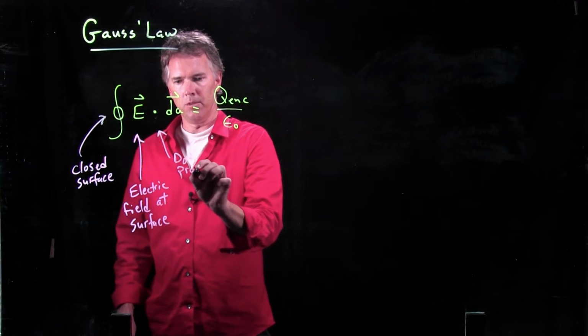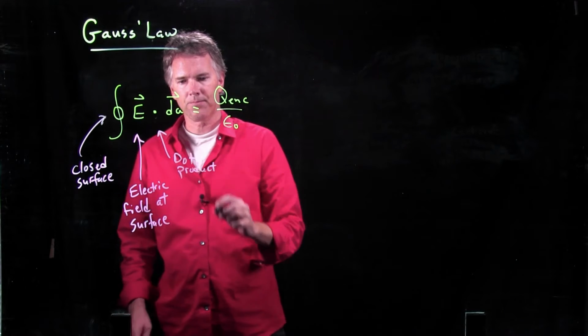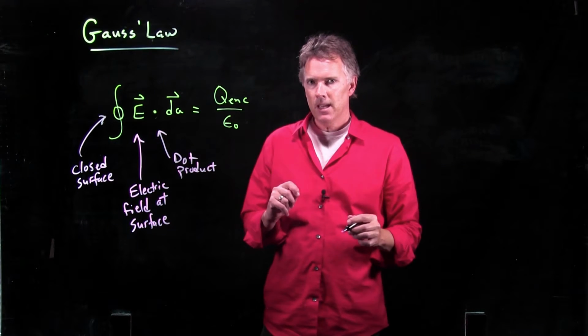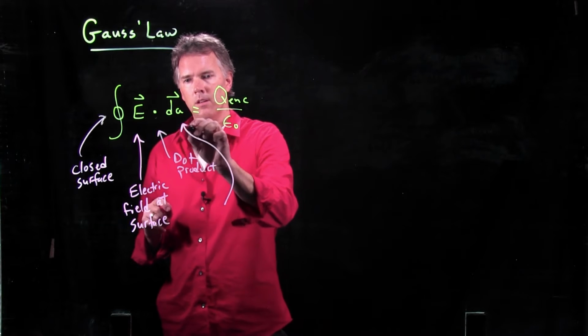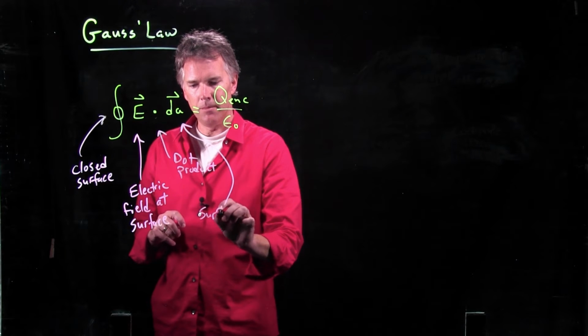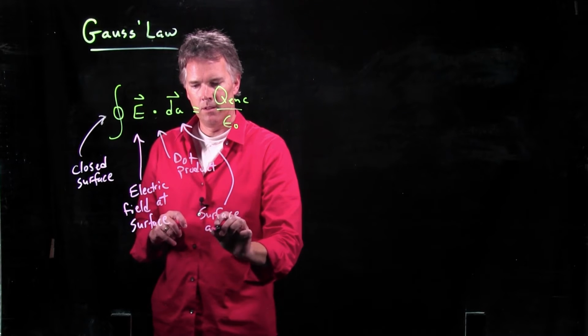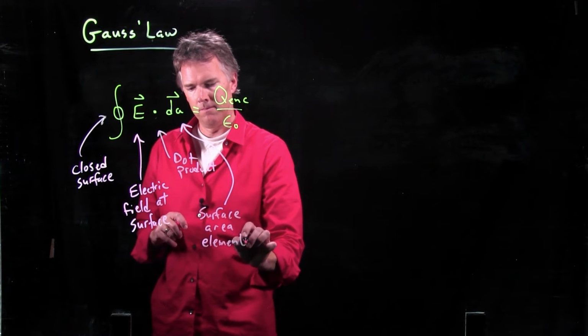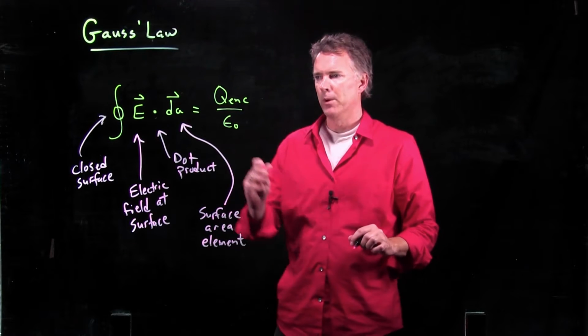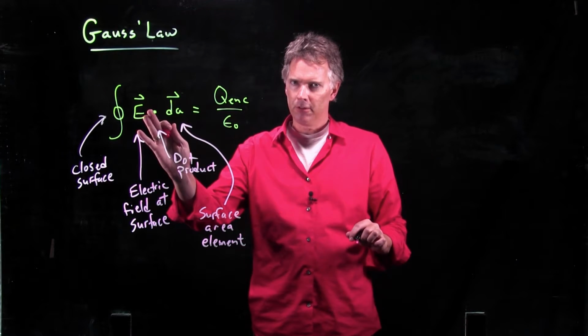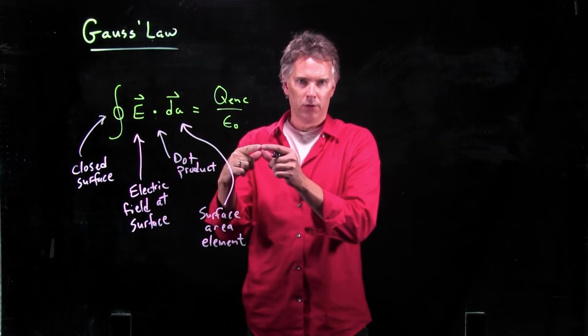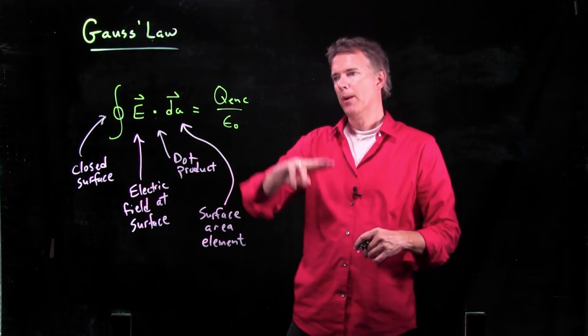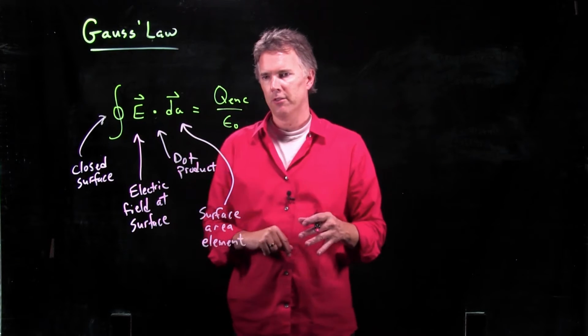Okay, and we know how to deal with that mathematically. dA is a surface area element for that particular closed surface. Okay, so we need to dot the electric field at the surface with the little surface area element, and then we have to integrate over the entire closed surface.